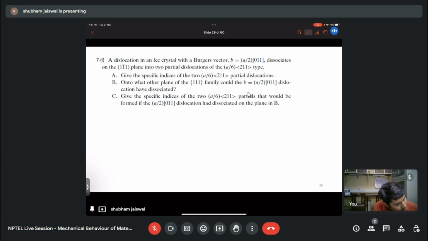So what they have given is b as a by 2 [0 1 1], and these are on the plane (1 bar 1 1), sorry, (1 bar 1 1), and they are saying that b2 and b3 are in the form of a by 6 <2 1 1> type.